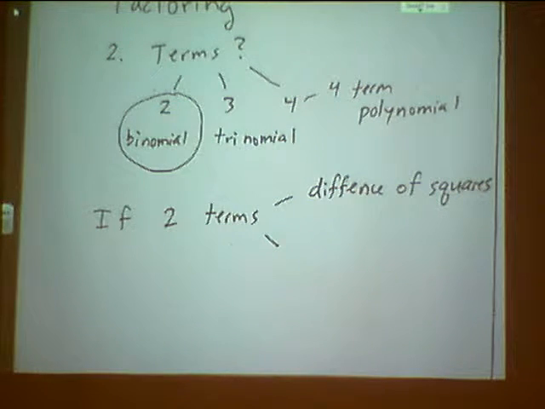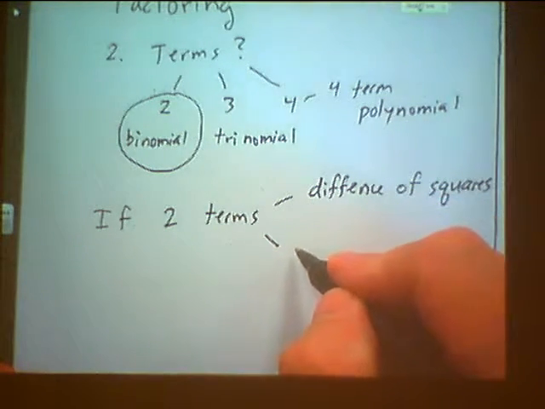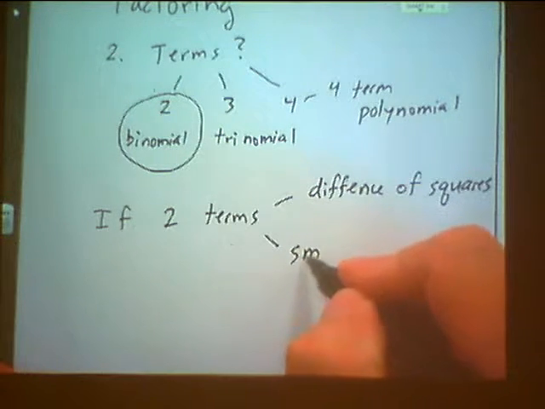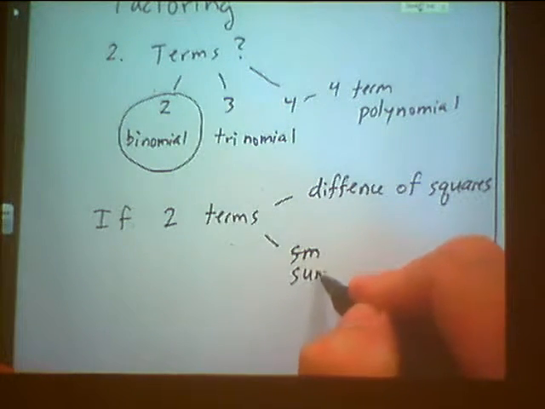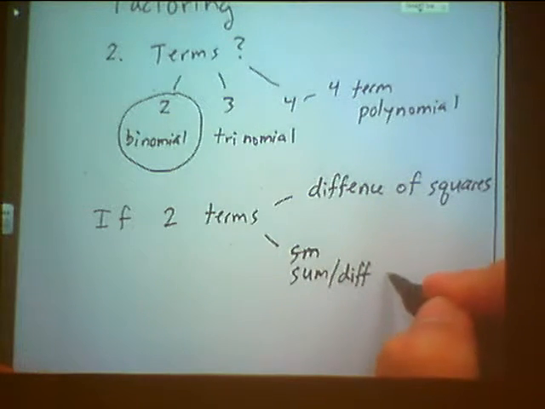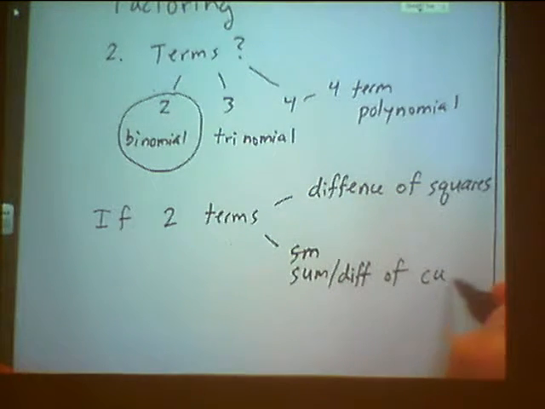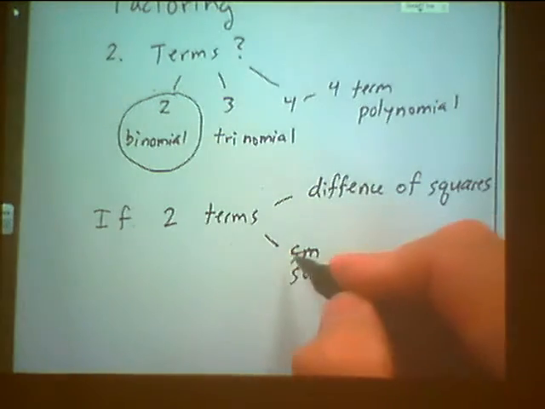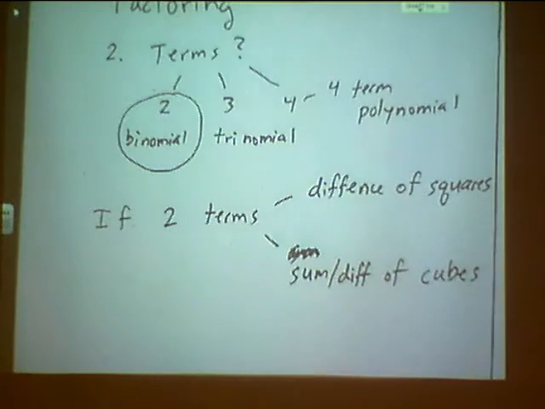And the second thing you can try in terms of factoring is sum or difference of cubes. So whenever you have 2 terms you're trying to factor, you can try difference of squares or you can try sum or difference of cubes.